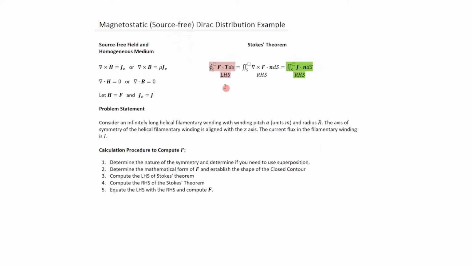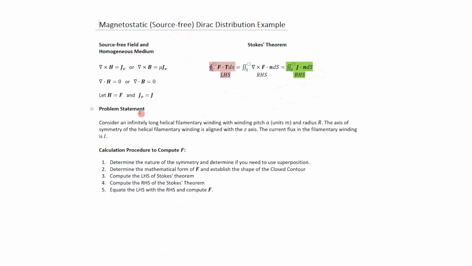And don't forget that the surface area is completely an arbitrary degree of freedom, because as long as the surface area that we've chosen is bounded by the same contour, we can solve the problem. And so in our case, we're going to choose n dS to be in the same direction of J to facilitate the ease of calculations on the right-hand side.